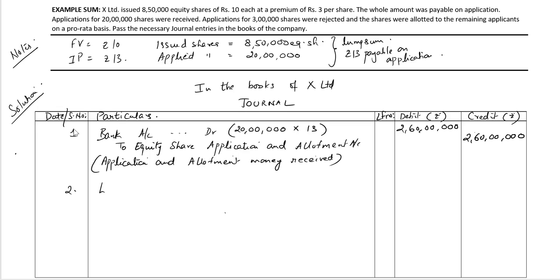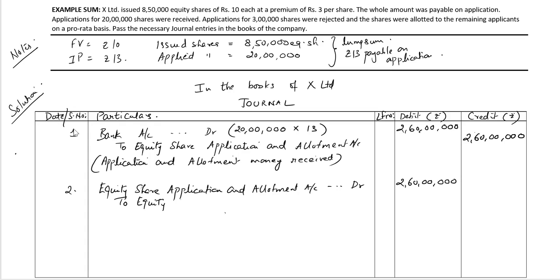Second journal entry, equity share application and allotment account debit 2 crores 60 lakh rupees to equity share capital account.